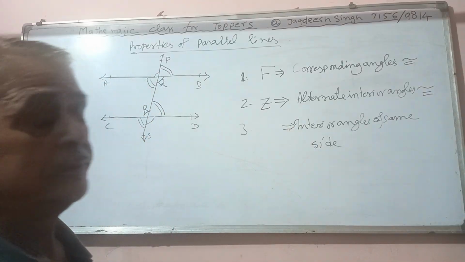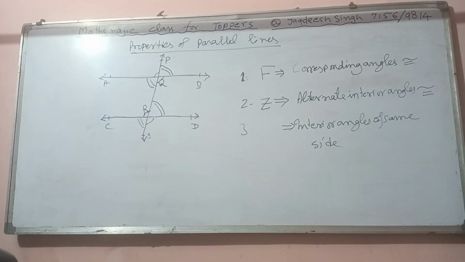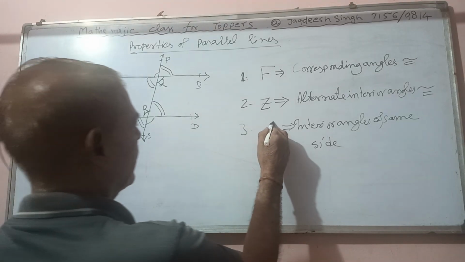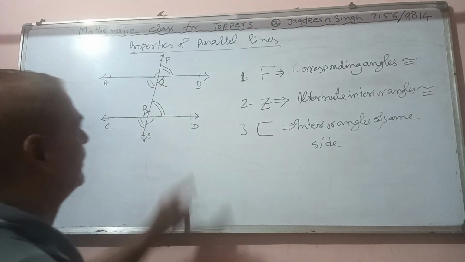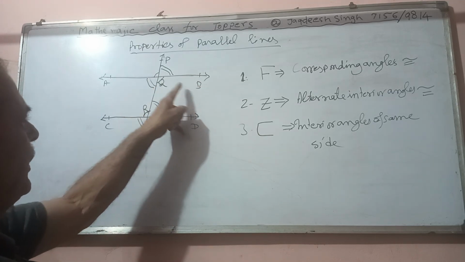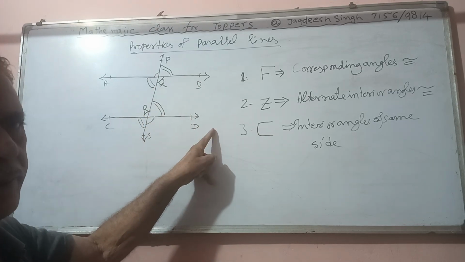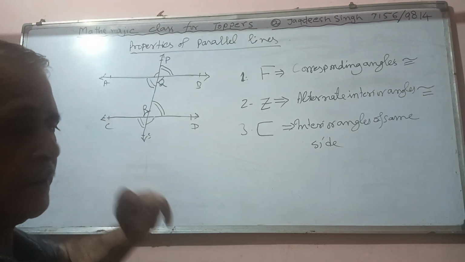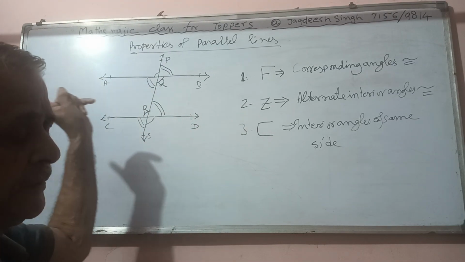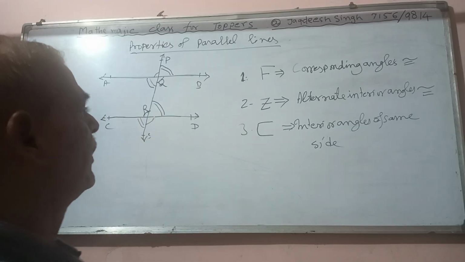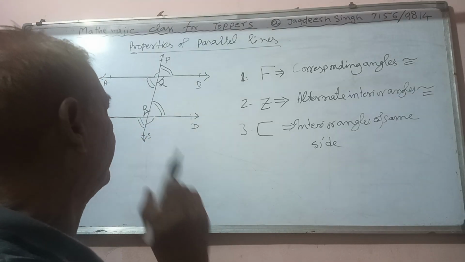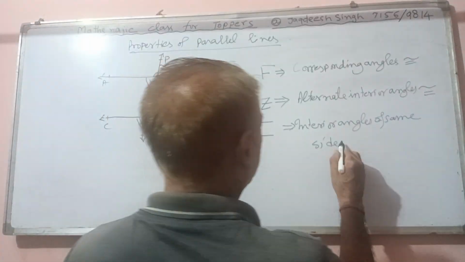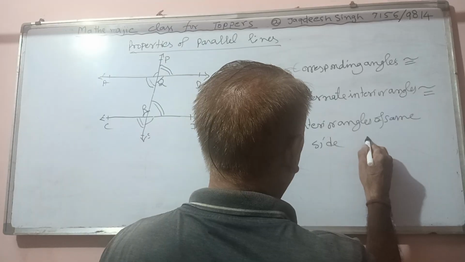How to catch them? To catch them we have to make a C structure. C, this C is formed. B, Q, R, D, C structure is formed. A, Q, R, C, this side C, this side C. So there are two pairs of interior angles, and interior angles are supplementary.